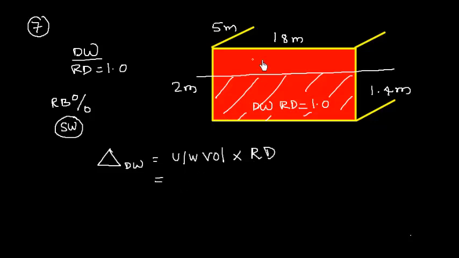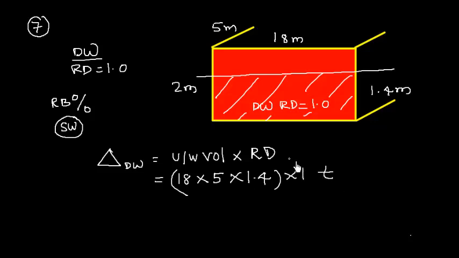The underwater volume is 18, the length, into 5, the breadth, into D, the draft, which is 1.4 meter, and the relative density is 1, and this is in ton.